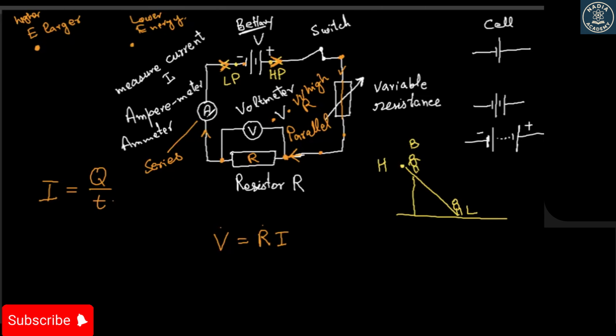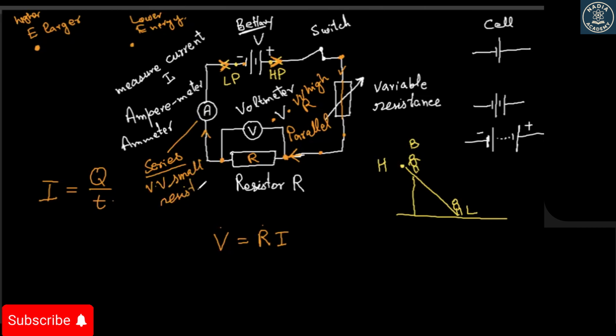That is not good because it will reduce the current produced by the battery. So the battery is producing more current, but this ammeter is reducing it because it will also give some resistance. So that is why we use an ammeter with very small resistance.